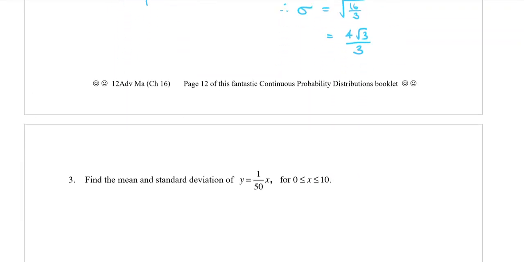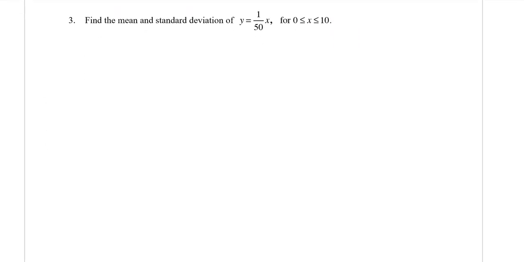Okay, one more question, but it's doing the same thing again, so we should be really good at this. Find the mean and standard deviation of y equals 1 over 50x between 0 and 10. So this is going to be the little f of x.